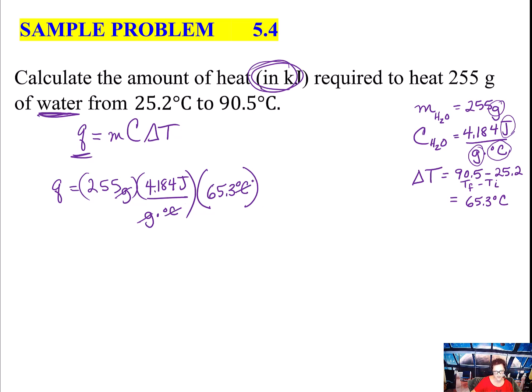And so since I know it's supposed to be in kilojoules, I take my joules on the bottom. So there's 1,000 joules in 1 kilojoule. And I set that up, and now I'm going to do the math. And so it's basically 255 times 4.184 times 65.3 times 1, then divided by 1,000. All right, and if you do that math the same way I do, you're going to get 69.7 kilojoules.